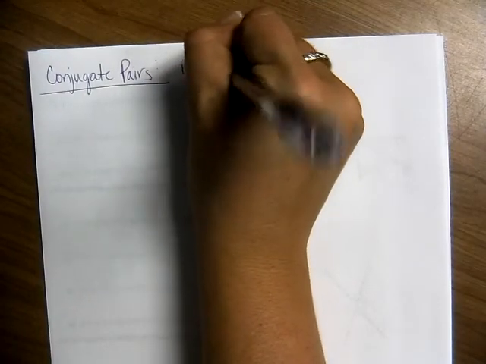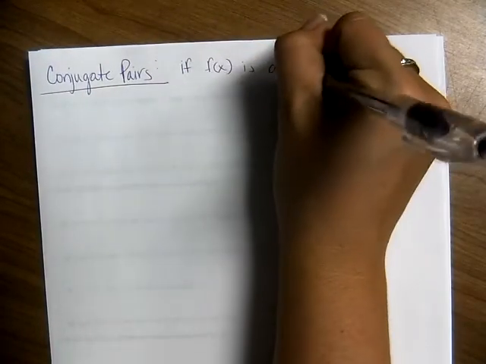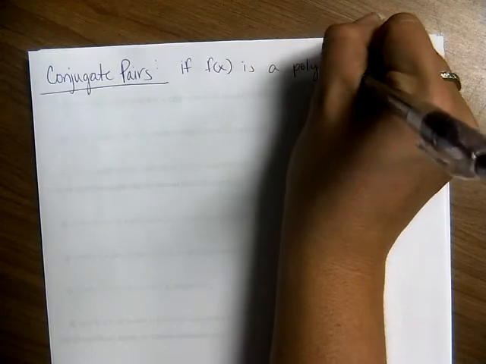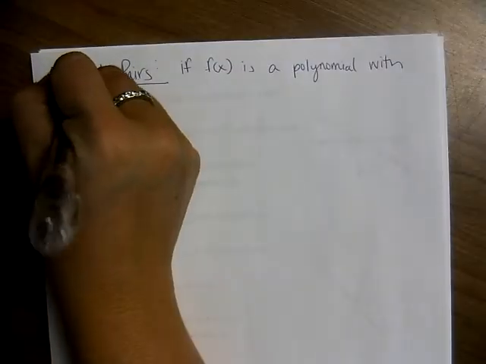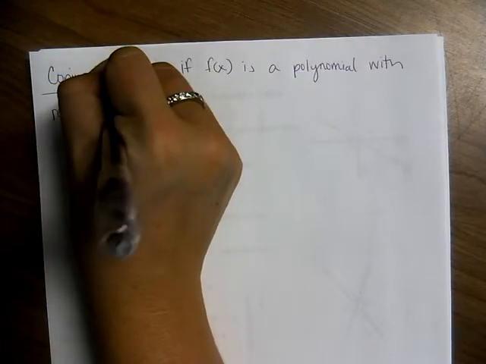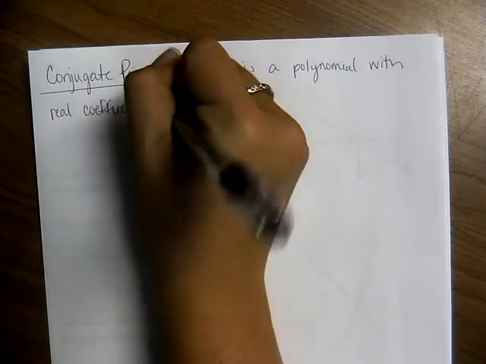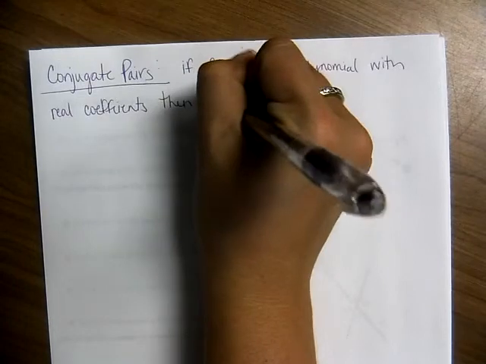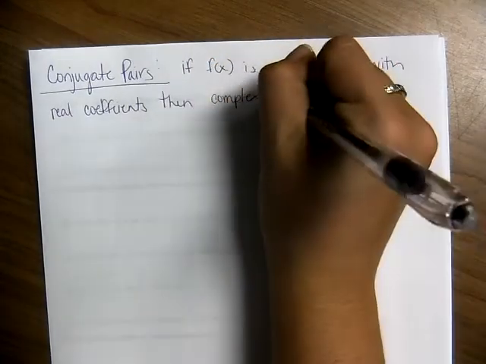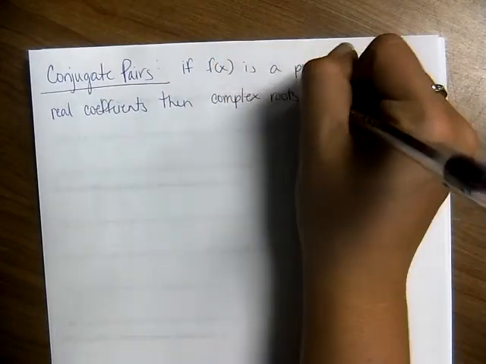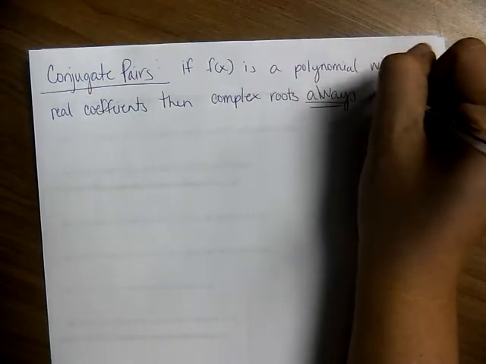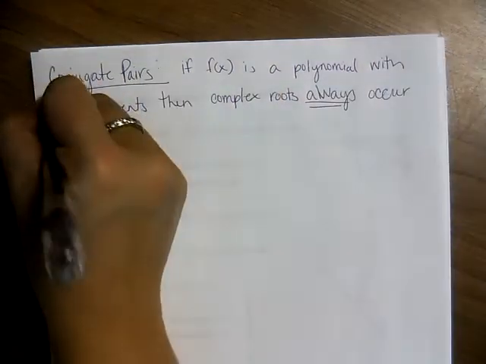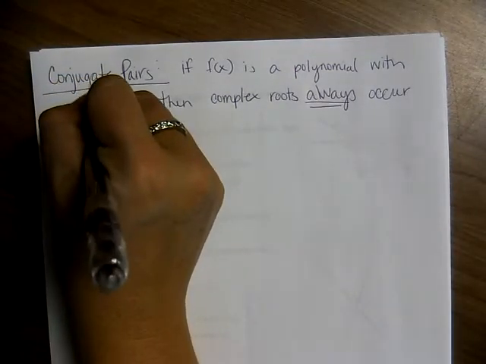If f of x is a polynomial with real coefficients, then complex roots always occur in conjugate pairs.